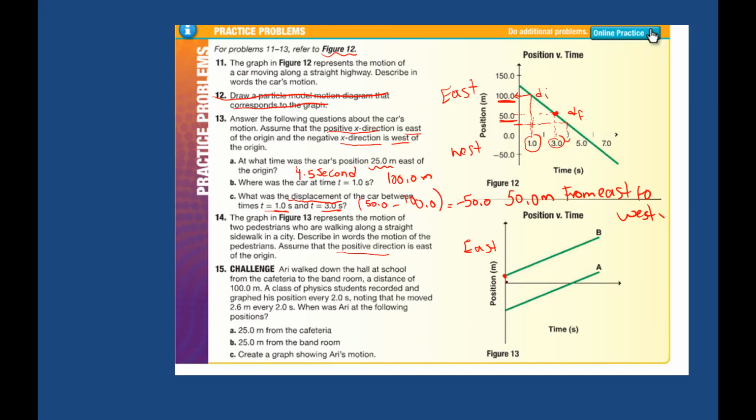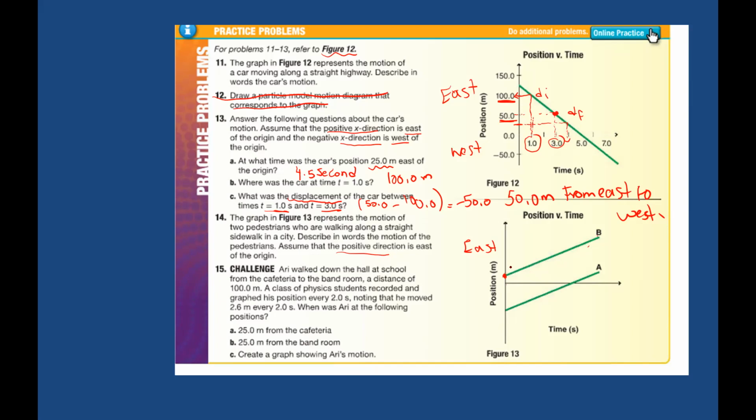So pedestrian B starts in the positives. Because I don't have values, I would just give an overall general description. He starts east of the origin, and he moves at a constant speed for some time. We don't know what that time is, but it's the same amount of time as A, and he reaches point B, which is east of the origin.